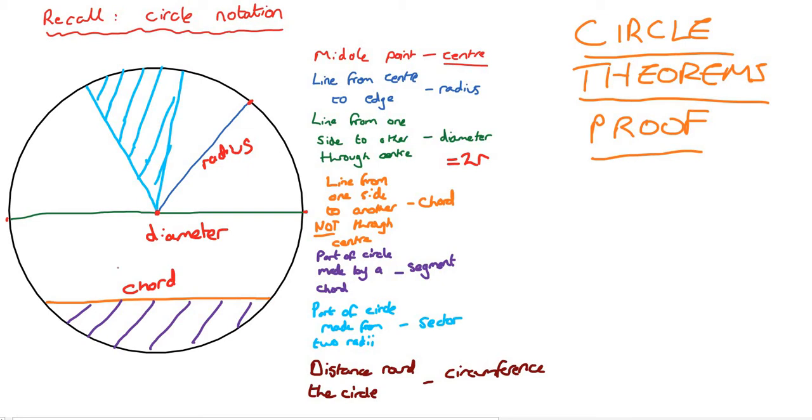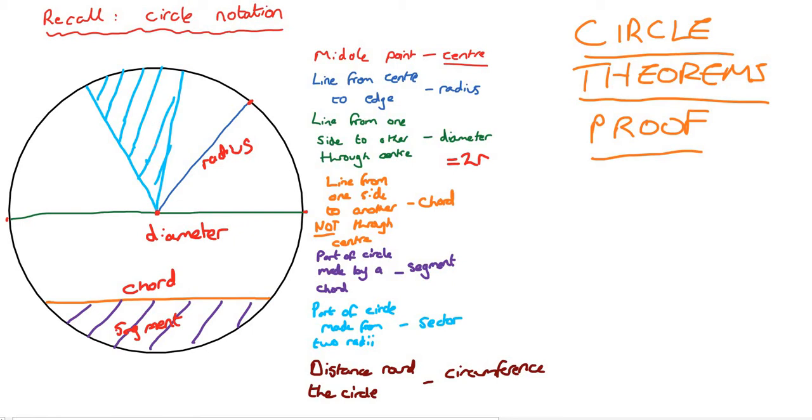Now, when we have a chord, we can see we split a circle into 2 parts. We've got this part here and the rest. The part of the circle made by joining this chord is called a segment, so this bit in purple is called a segment. Similarly, if we attach 2 radii, so lines from the center to the edge, we again split the circle into 2 parts.